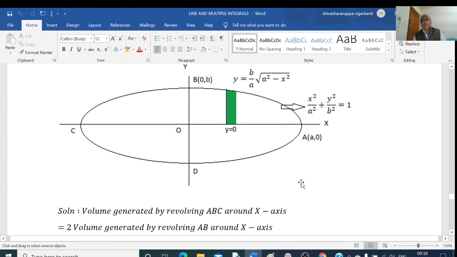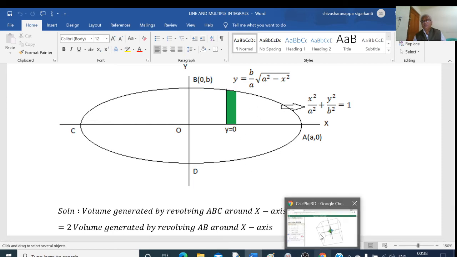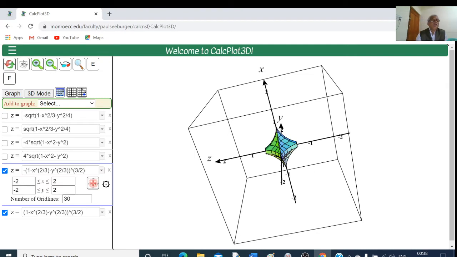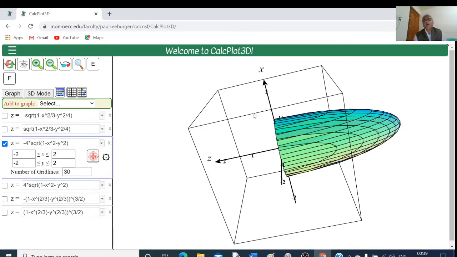And the figure generated, suppose this AB rotates around x-axis, then how does the figure look?